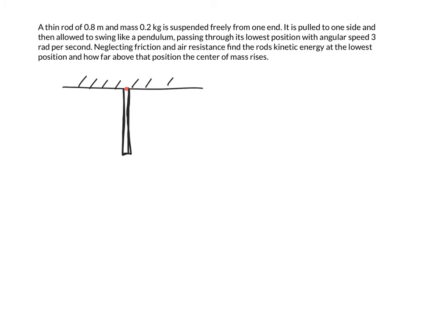So this object gets raised up like this, and then it's going to swing back and forth. When it's at the bottom here, its angular speed is 3 radians per second. Here's the length of 0.8 meters, and the mass of the rod is 0.2 kilograms.